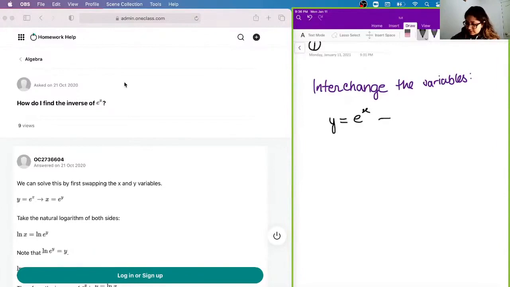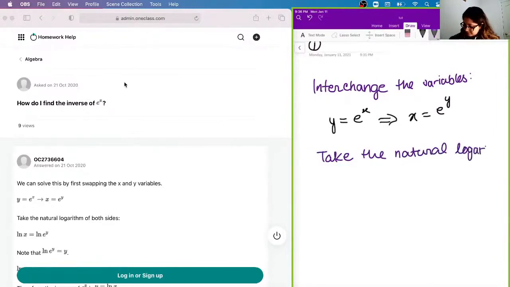And we can swap the variables, where now x is equal to e to the power of y. Now what we have to do is take the natural logarithm of both sides. So the next step would be to take the natural log, which is your ln, of both sides.